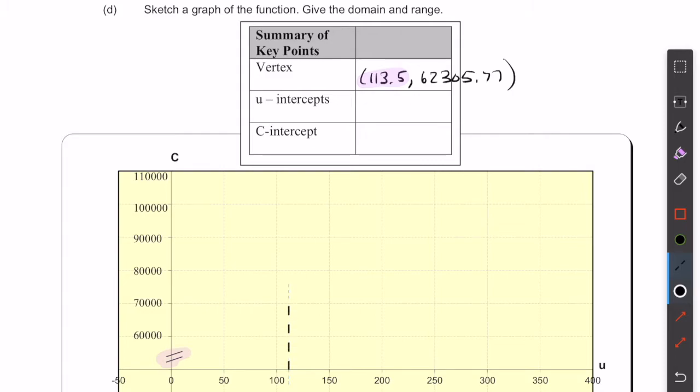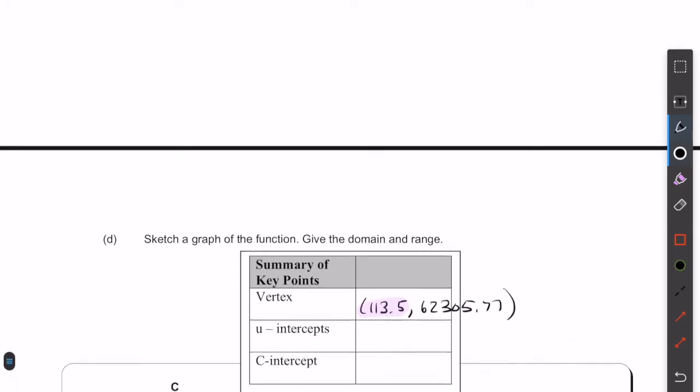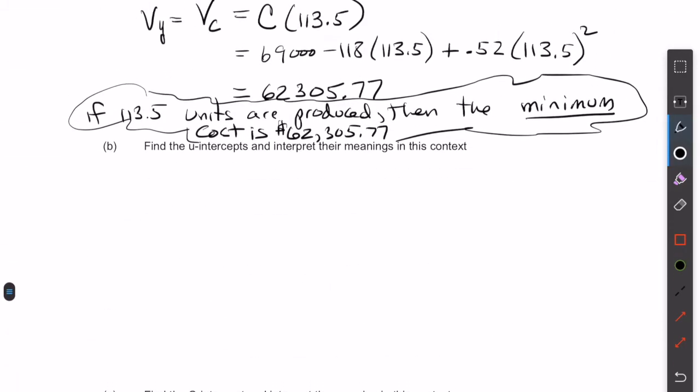So roughly about right here. So we're going to put our line of symmetry in the middle of the graph at approximately 113.5, and at 62,000, which is roughly going to be about right here, I'm going to put this minimum value and label that. So 113.5 and 62,305.77 is the minimum point on the graph.